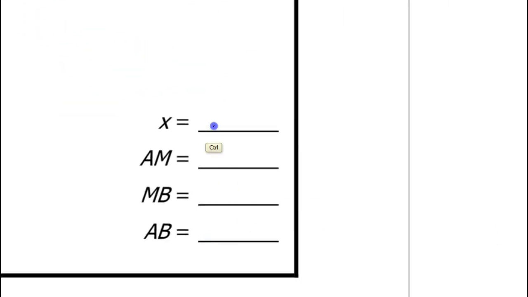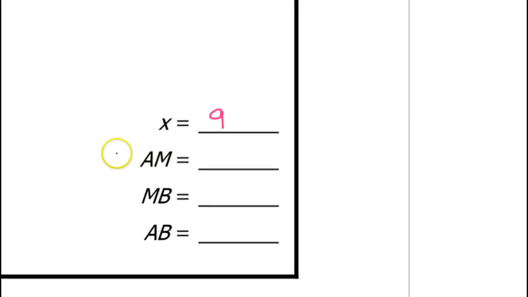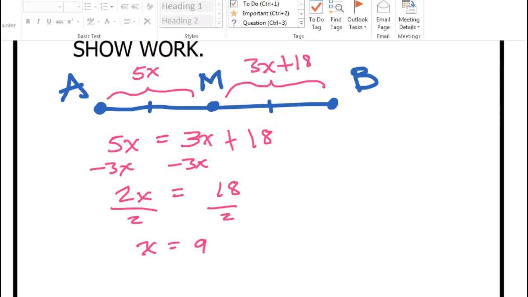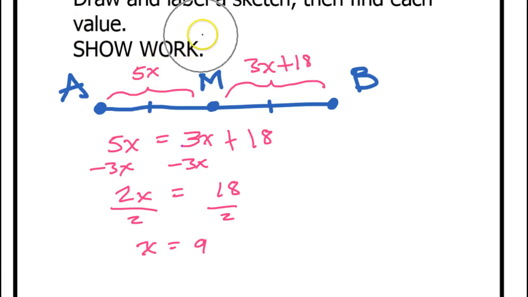Okay, and then there's some other stuff we're supposed to find. So x is equal to 9, great. How about AM? Well, AM is 5x. So since AM is 5x, then that's going to be 5 times 9, which is 45. So AM is 45.